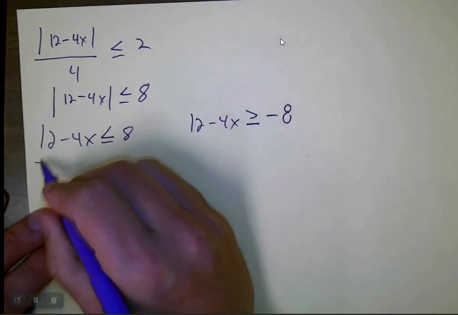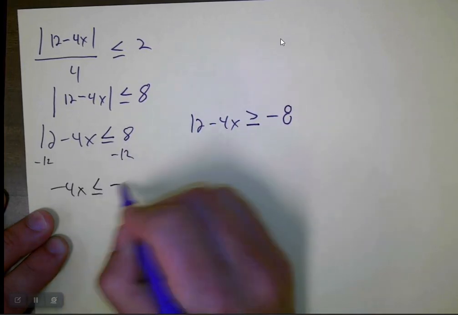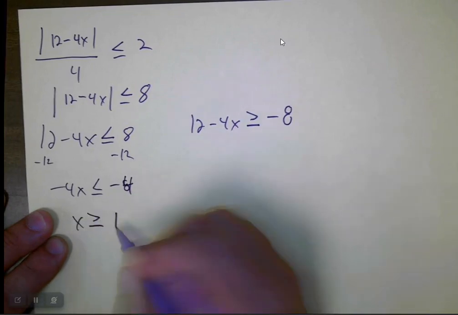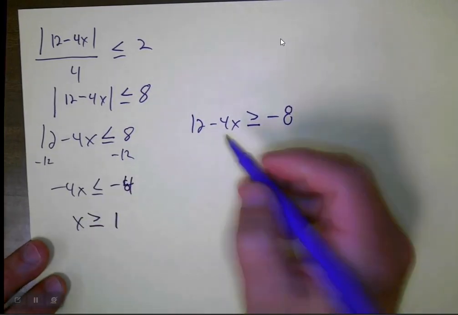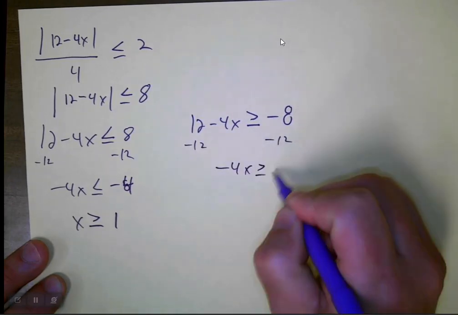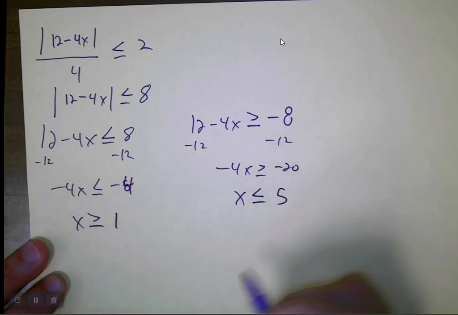So then you subtract 12 here, you get negative 4x is less than or equal to negative 4. Divide, flip, you get x is greater than or equal to 1. This guy, you subtract 12, you get negative 4x is greater than or equal to negative 20. Divide by negative 4 and flip, you get this. So now what you got?